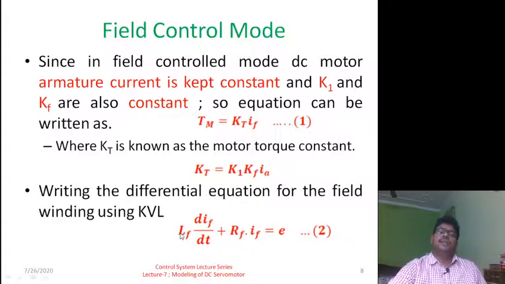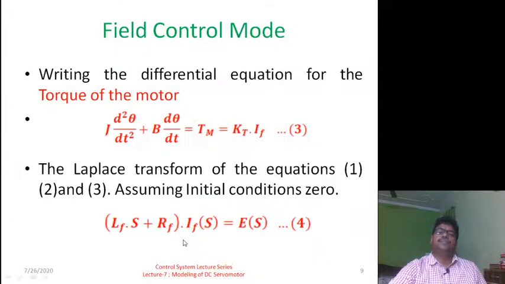So for this field current, we can write a differential equation: Lf dIf upon dt plus Rf into If equal to E. Now writing the differential equation for the developed torque, the torque developed will be equal to the sum of the torques, that is J into alpha, where alpha is d square theta upon dt square, plus frictional forces, that is B d theta upon dt, and that is equal to Kt If.